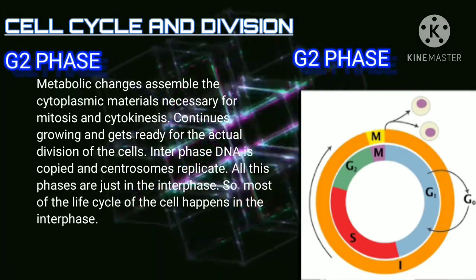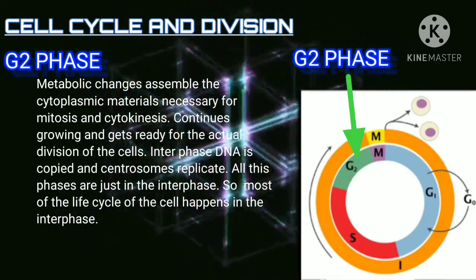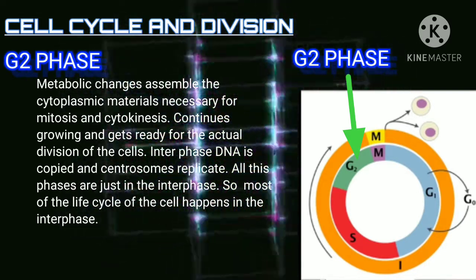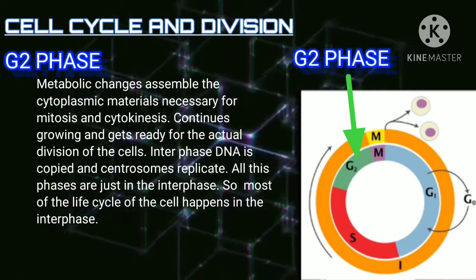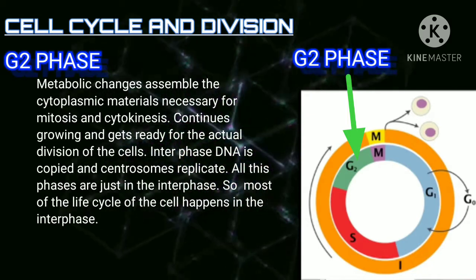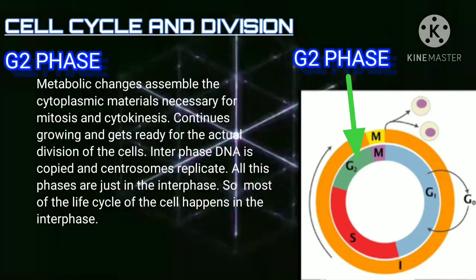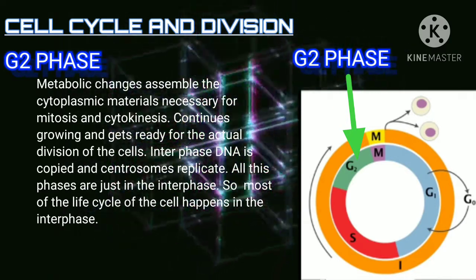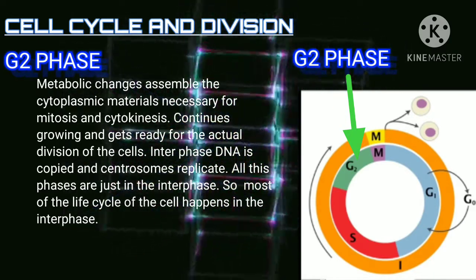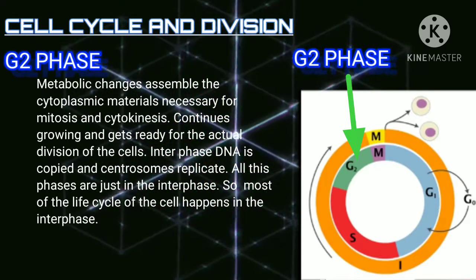In G2 phase, metabolic changes assemble the cytoplasmic materials necessary for mitosis and cytokinesis. In G2 phase, it continues growing and gets ready for the actual division of the cell. In interphase, DNA is copied and centrosomes replicate. All these phases are just in the interphase.